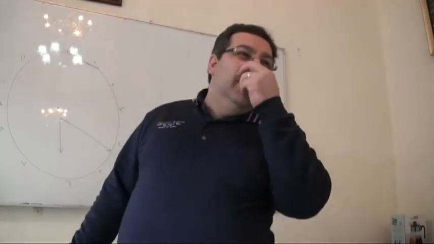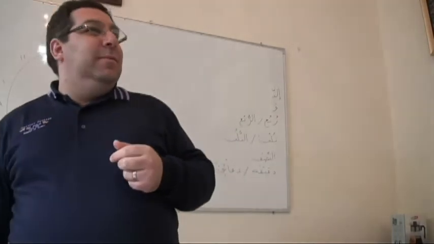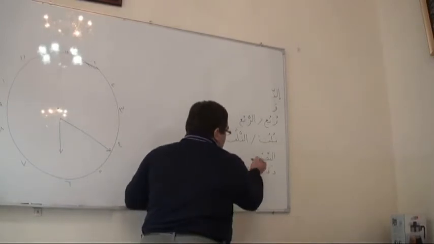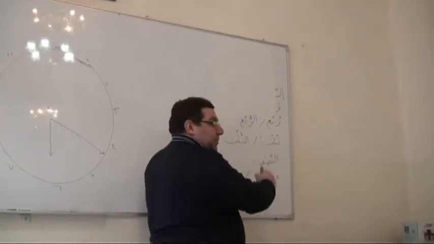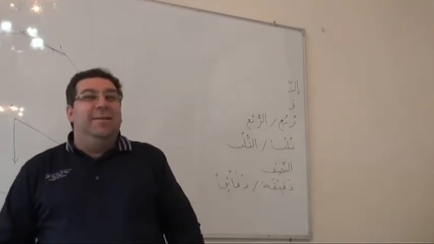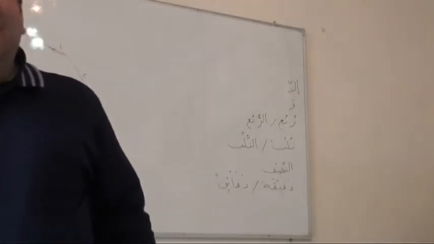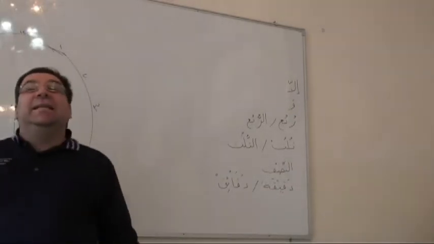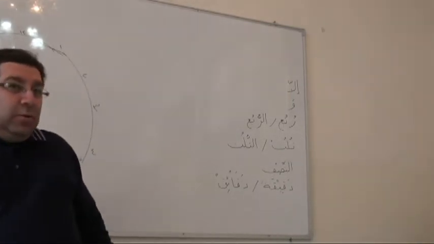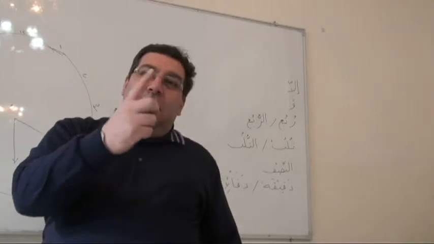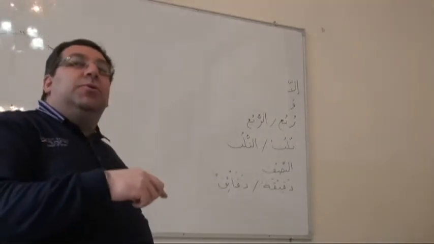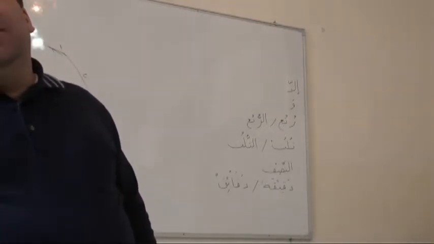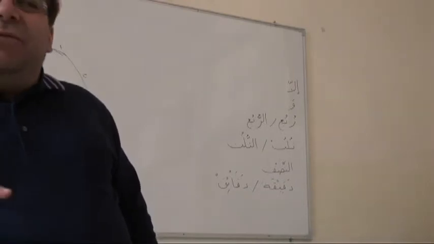So 2 minutes? دقيقة, دقيقتين, either tain or tan. But here, because we said sadisa and there is wa, what is after it also should be dhamma. But with 2, we don't put dhamma. So instead of dhamma, we use alif and noon or ya and noon.